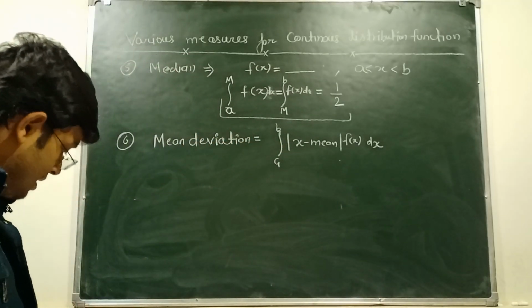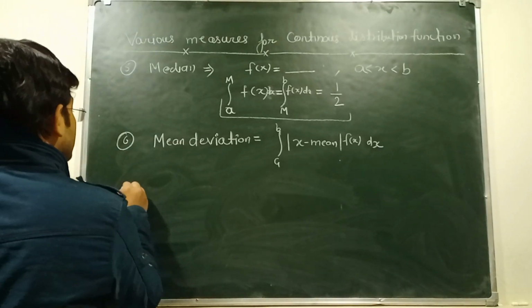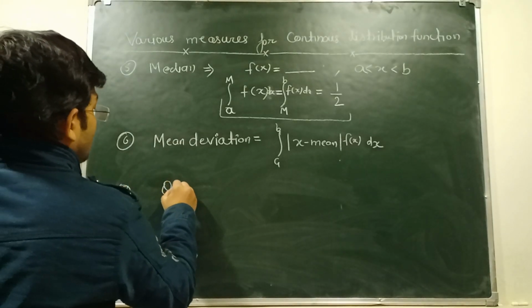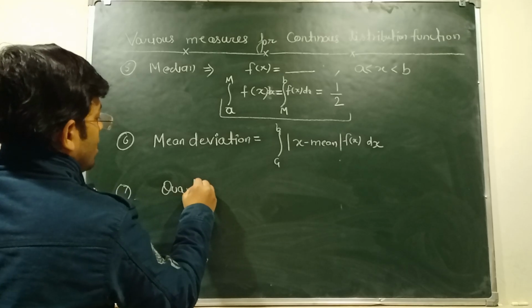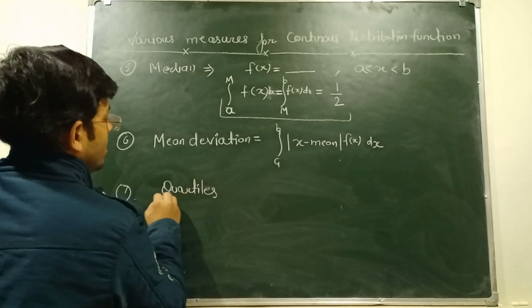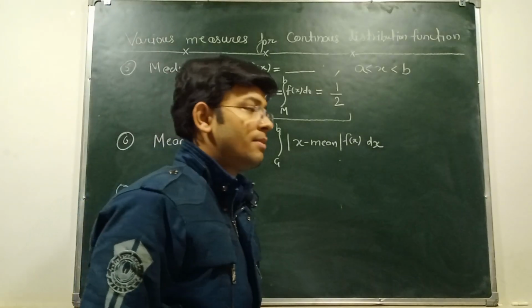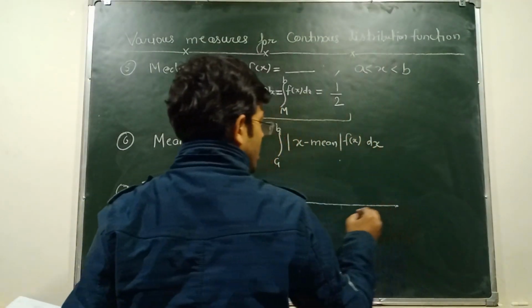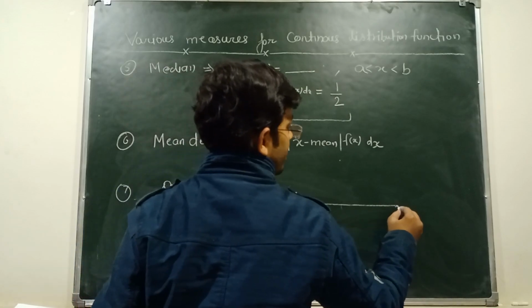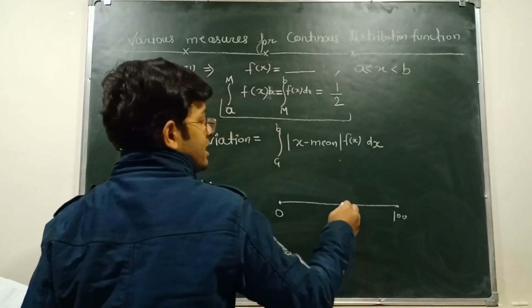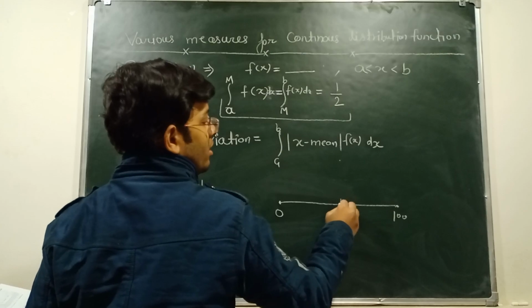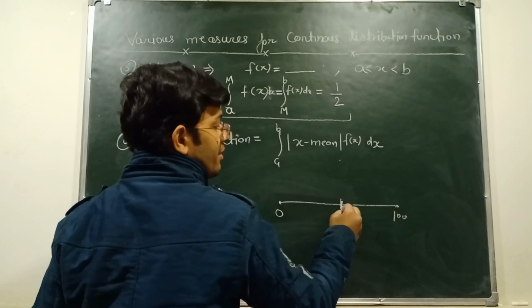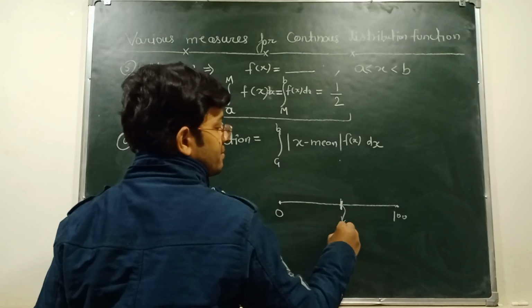Now the formula of the quartiles. Quartiles means what? Suppose that we have given 0 to 100, and this is the midpoint of our observations, and this is called the median.